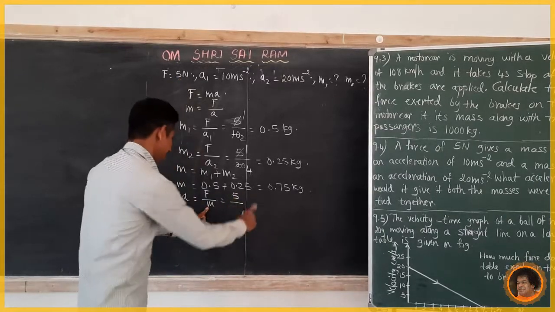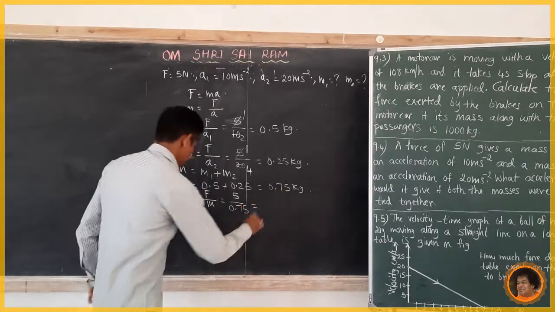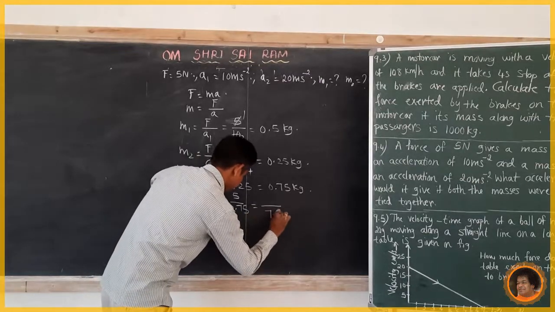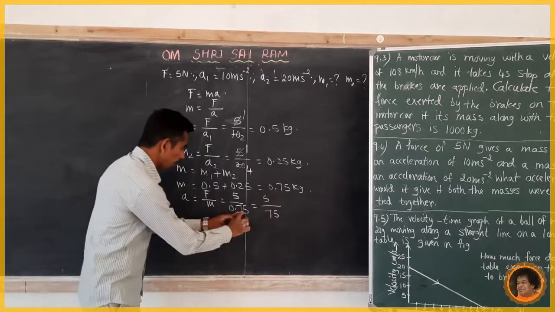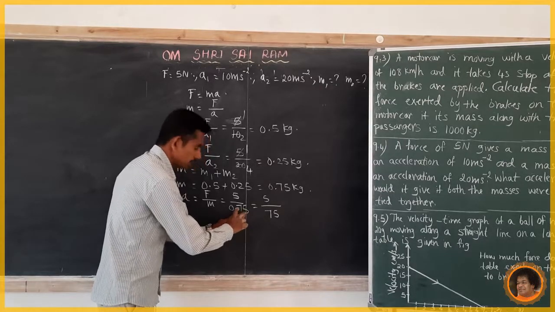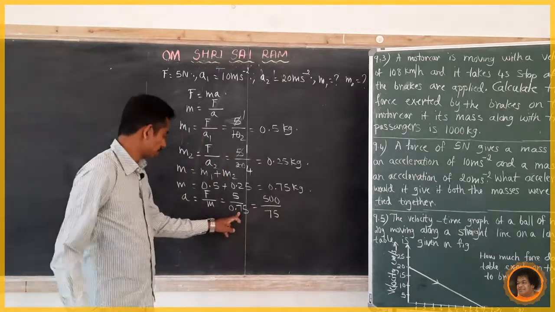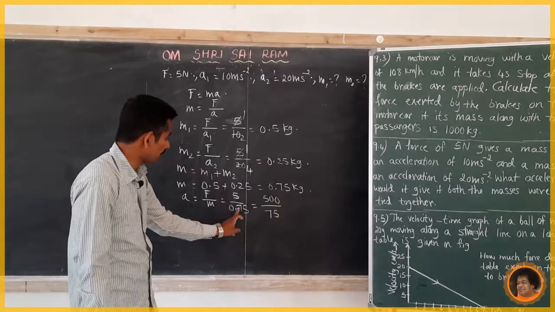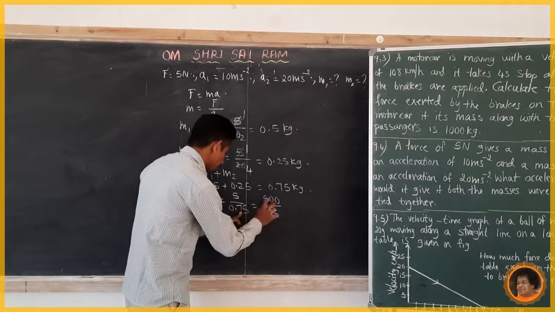Now M is the total mass, 0.75. If I write 0.75 as 75, there are 2 places after the decimal point, so put 2 zeros to that 5.